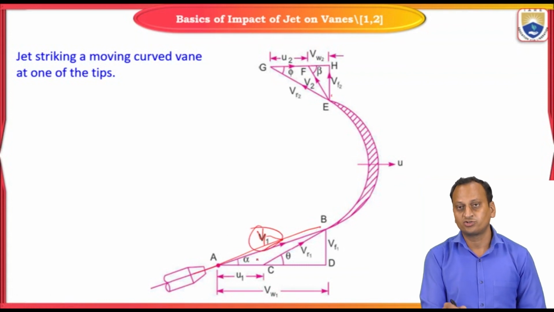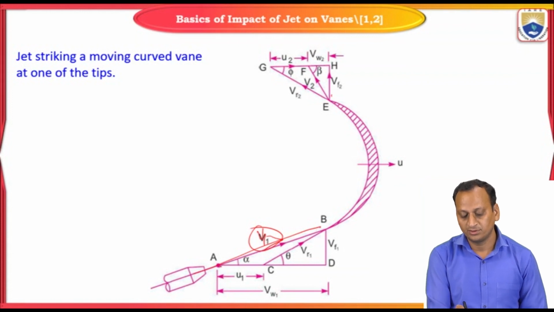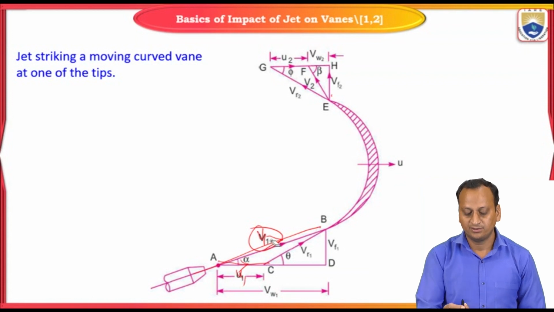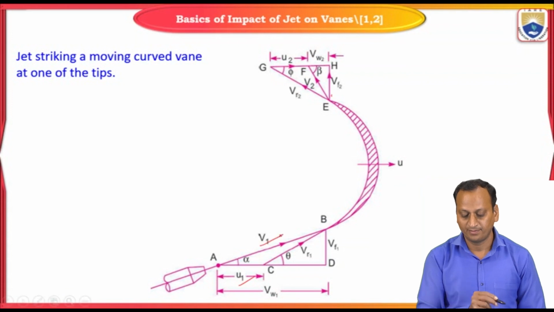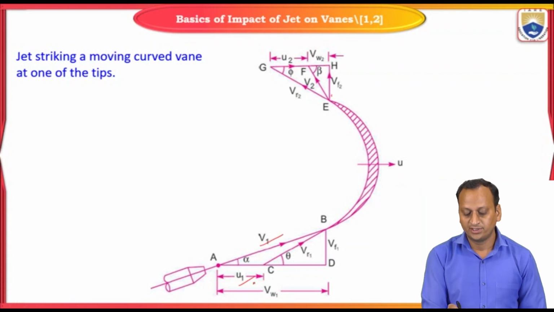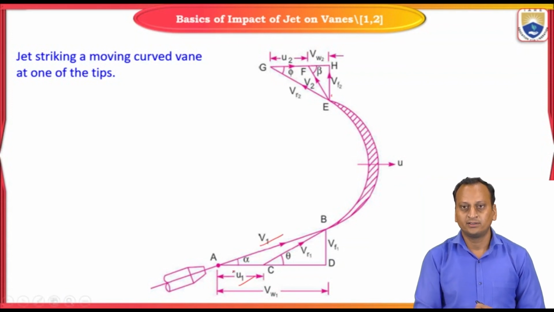Whenever it is striking with V1, the blade tries to move. Therefore, U1 is the blade velocity. Due to V1, there will be blade velocity U1: V1 and U1, jet velocity and blade velocity. Now, if you resolve V1 into horizontal and vertical components, we will have two other components.